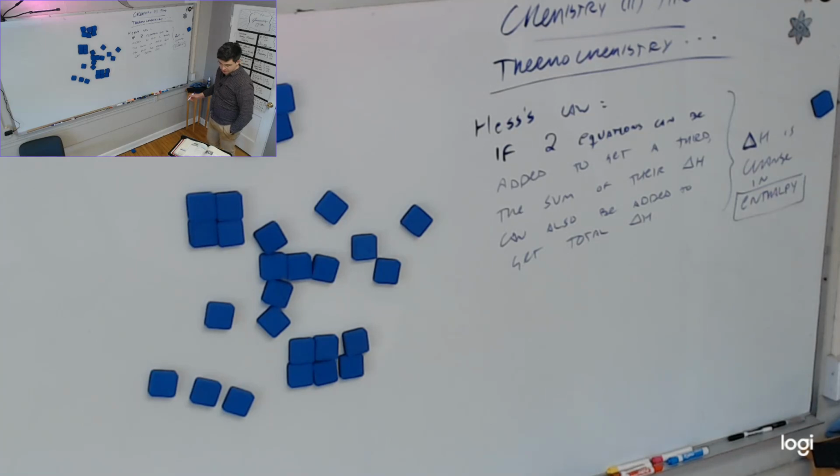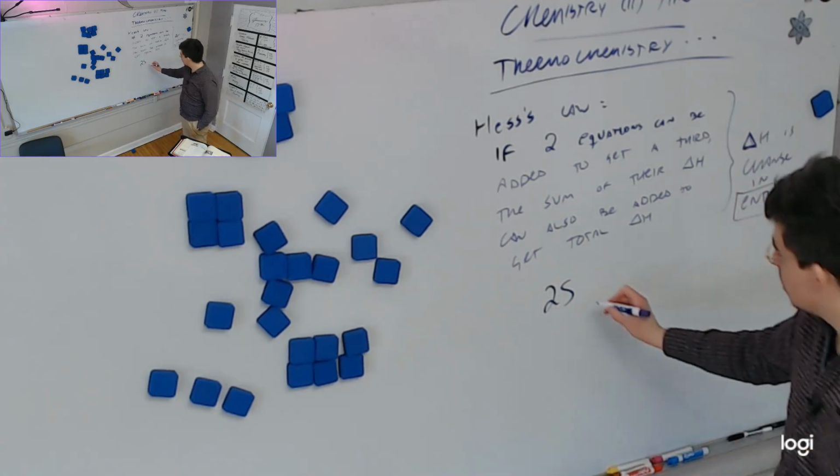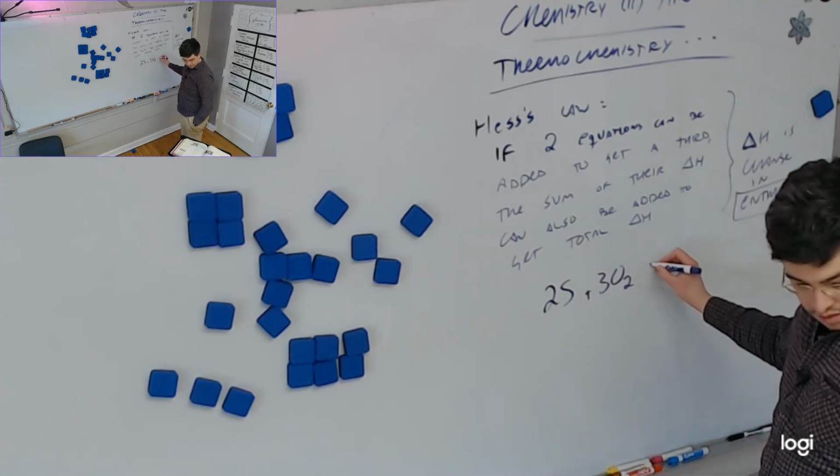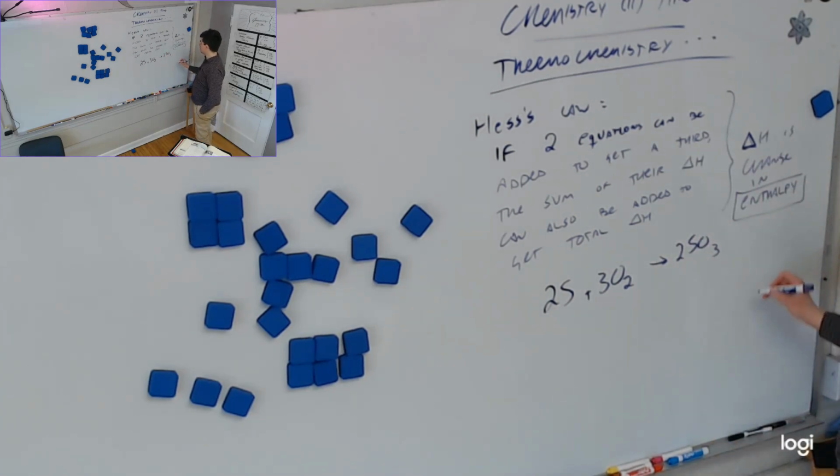And so what this means is that we can, the example your book gives is if we have this chemical equation, 2S plus 3O2 yields 2SO3, and we want to find the change in enthalpy.